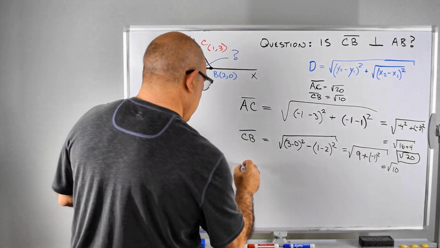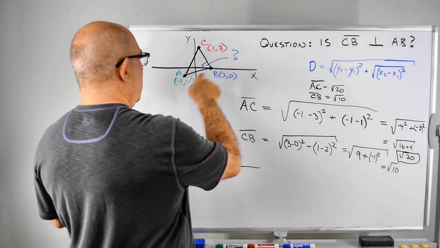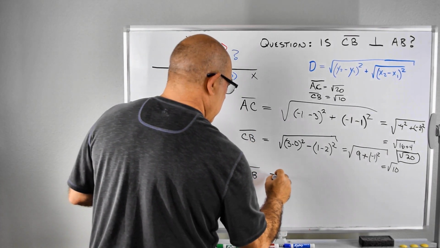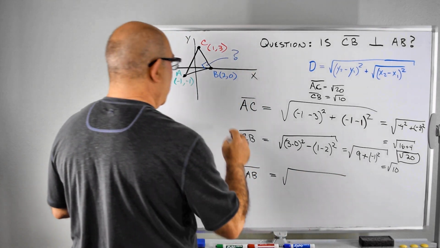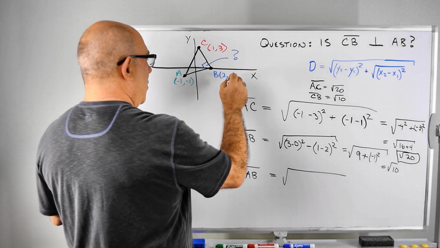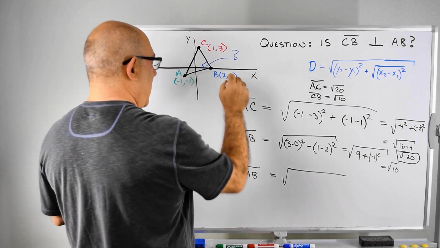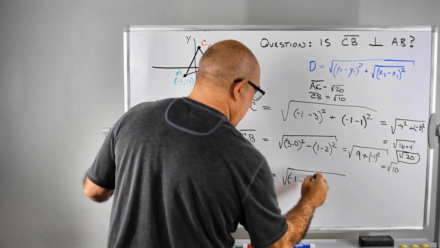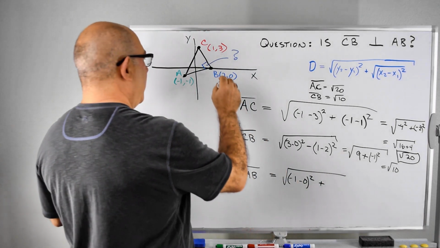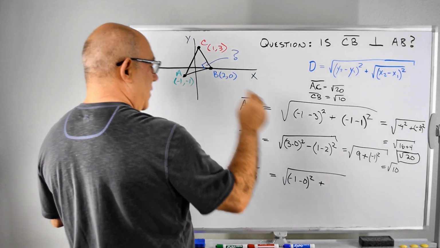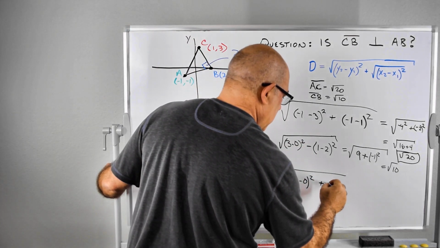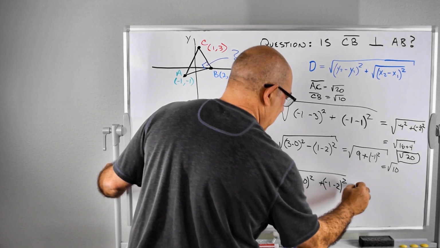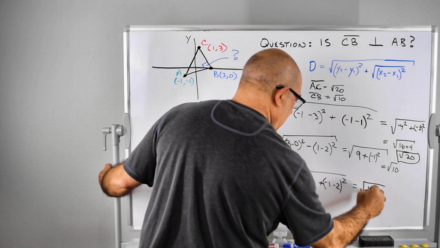Now we have to find the distance between AB. Using the distance formula again, let's subtract the y's. We're going to use minus 1 minus 0 squared plus minus 1 minus 2 squared equals the square root of 1.